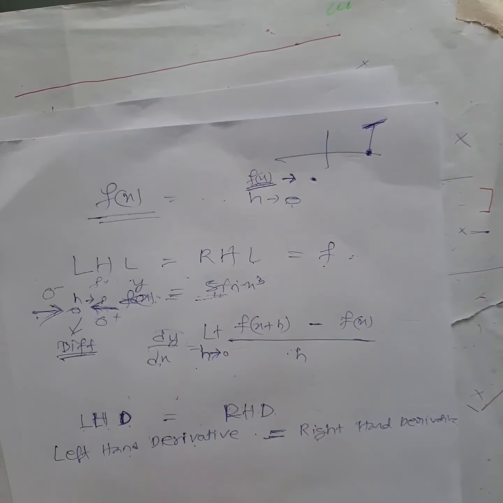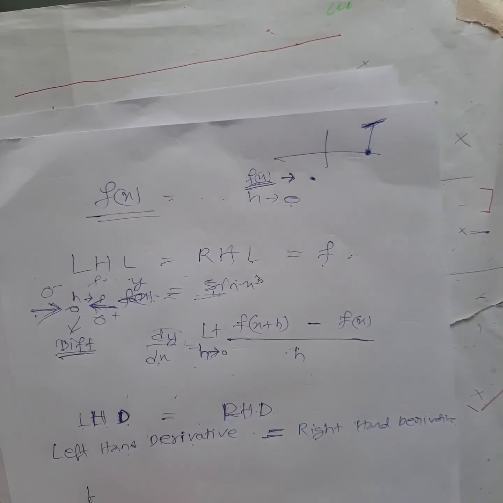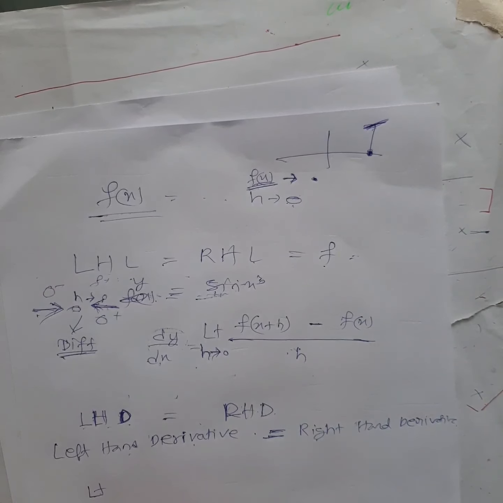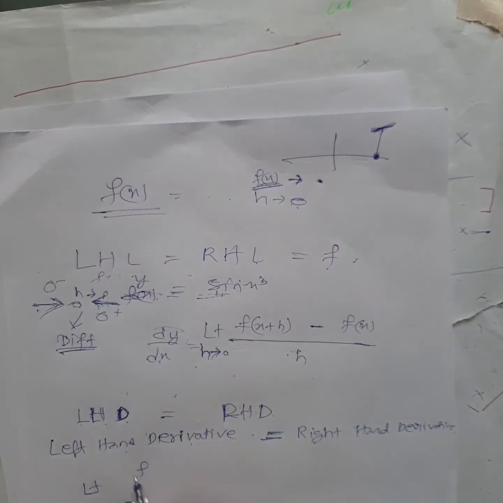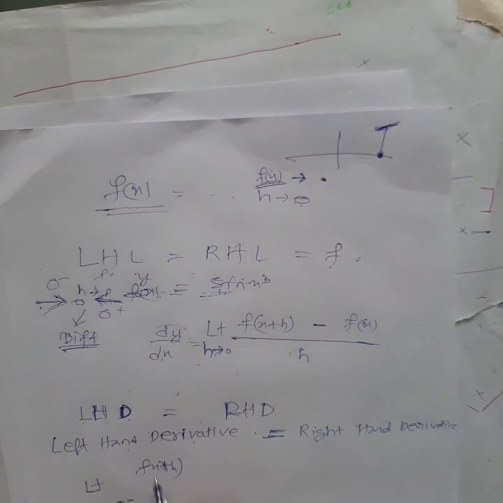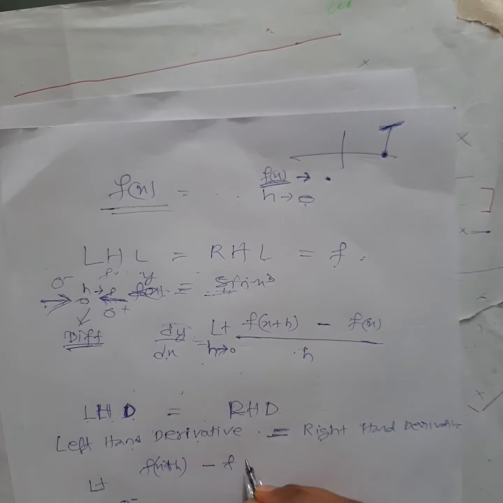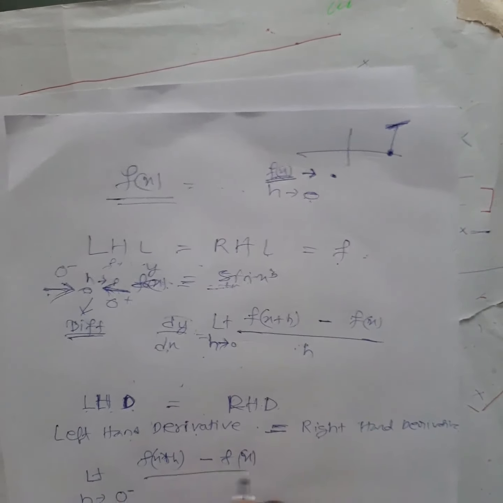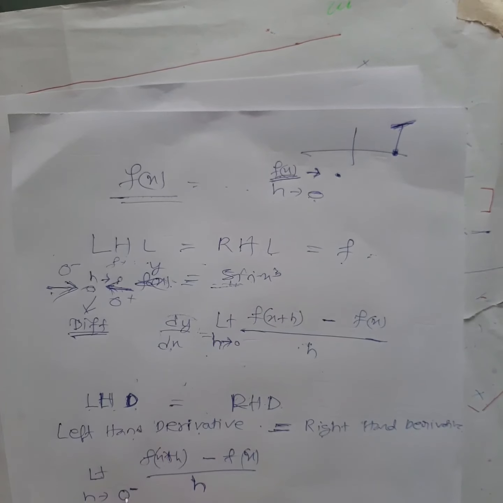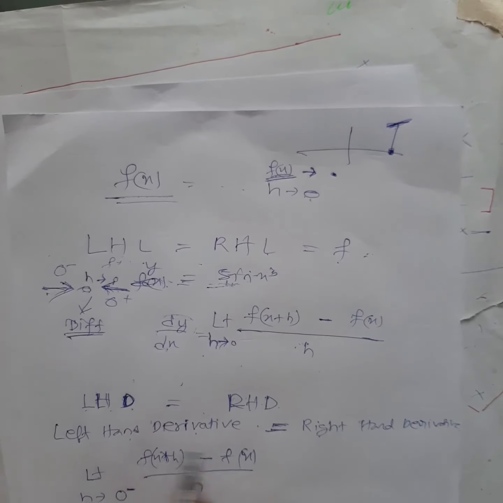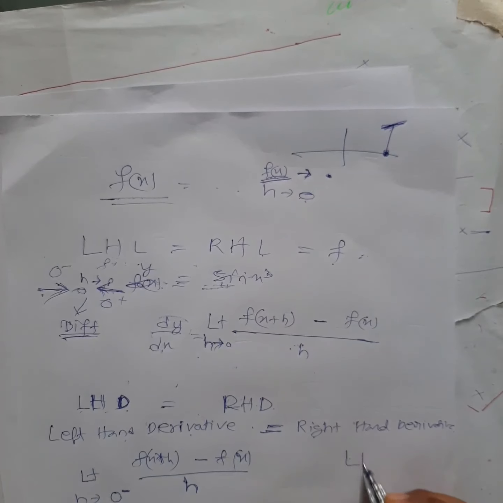Means the left hand derivative, how will we write it? Limit h tends to 0 minus of f of x plus h minus f of x by h. In place of 0 we write 0 minus. The right hand derivative also we will find out: limit h tends to 0 plus of f of x plus h minus f of x by h.